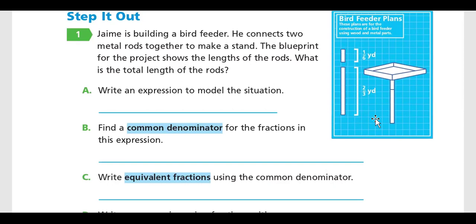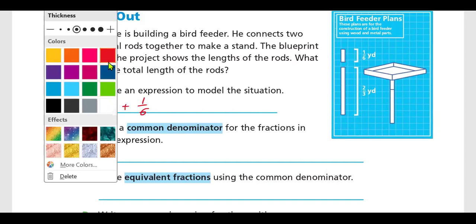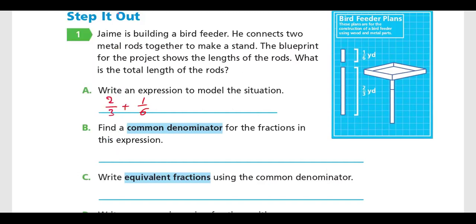So this one, we need to put them together. So we have to add 2 over 3 plus 1 over 6. So find the common denominator between them. How can you find the common denominator? We write table 3 and table 6.